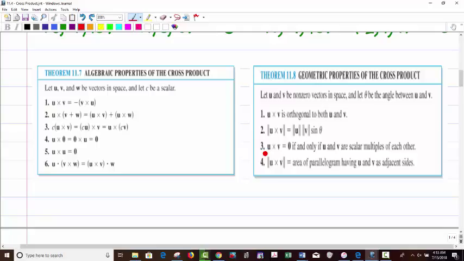Because if you take two vectors that are parallel, and let's say you map them on top of each other, which obviously parallel vectors can do. See if I can explain this well this way. You've got those two vectors.